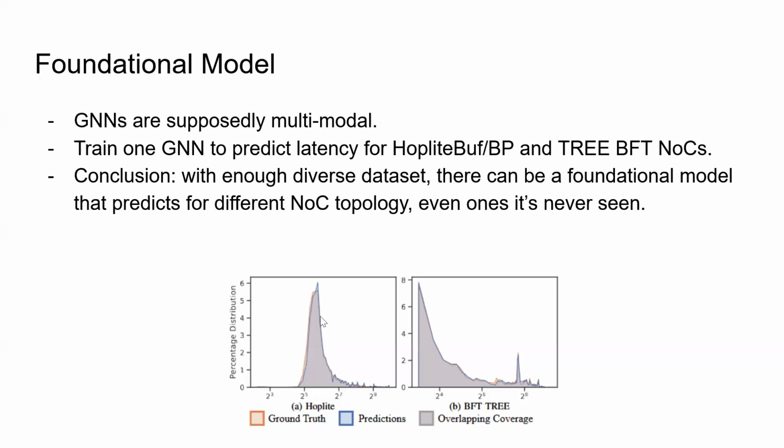The orange is the ground truth latency, and the blue is the predicted latency. So they're saying it covers a wide range of latency, basically. Is it a PDF or CDF? I think it's a PDF. It would add up to 100%. If you take the integral of this, you get 100%. I get it now. That makes a lot of sense.